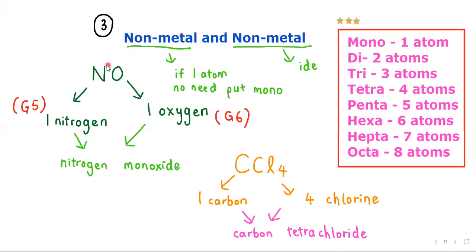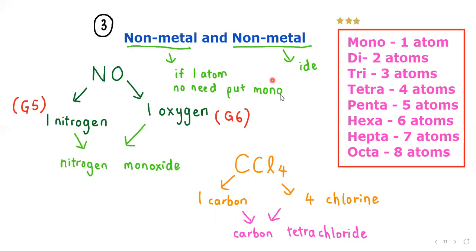So let's see the example. The first one, NO. Here we have one nitrogen, which belongs to group 5, non-metal, and this O belongs to oxygen in group 6. So group 5 and group 6 are both non-metals, which is why we are using this rule. Just now I mentioned that when the first non-metal is only one atom, we cannot start with mono.